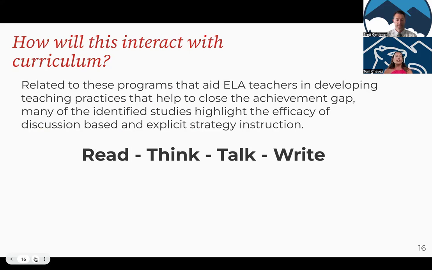So we want to encourage students to be able to think about the content more closely using the icons, engage in discussion with their peers, and then create meaningful connections to the content that they can then write about.